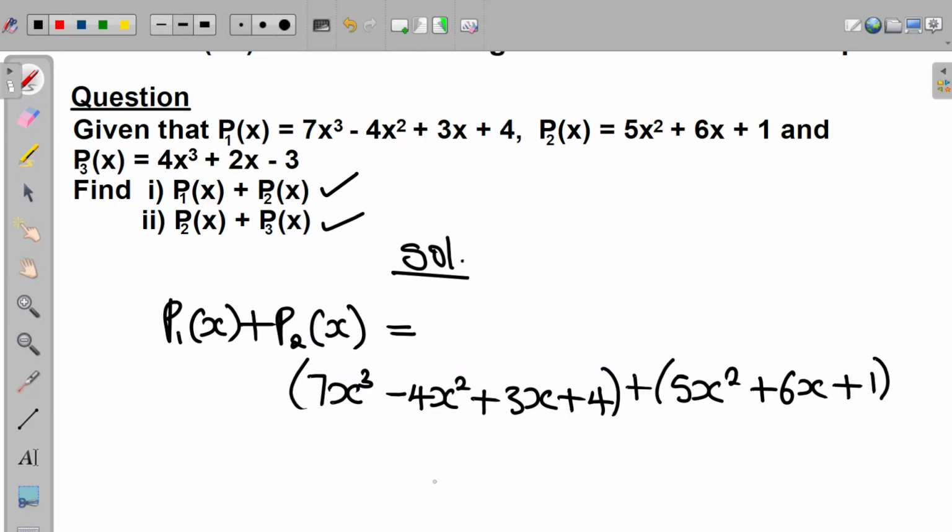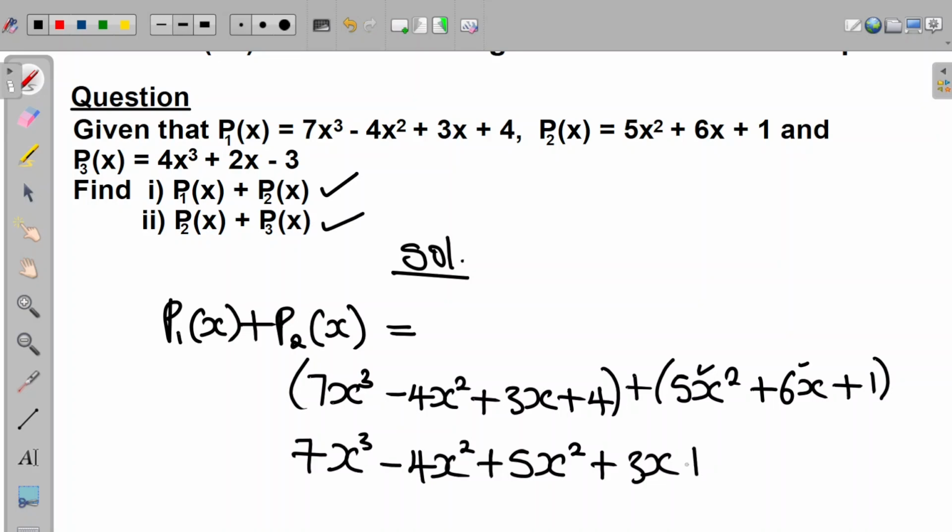So if we add like terms, the expression becomes 7x cubed minus 4x squared. Now also we have 5x squared here, so this becomes plus 5x squared. We have again plus 3x plus 6x plus 4 plus 1.